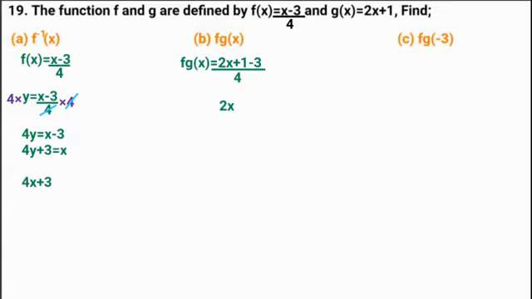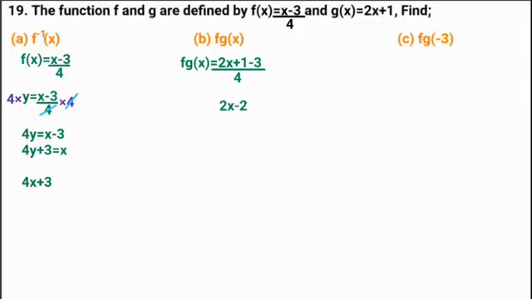So what I'm going to do now is write 2x, then I'm going to simplify first this 1 minus 3. So positive 1 minus 3 will give us negative 2.